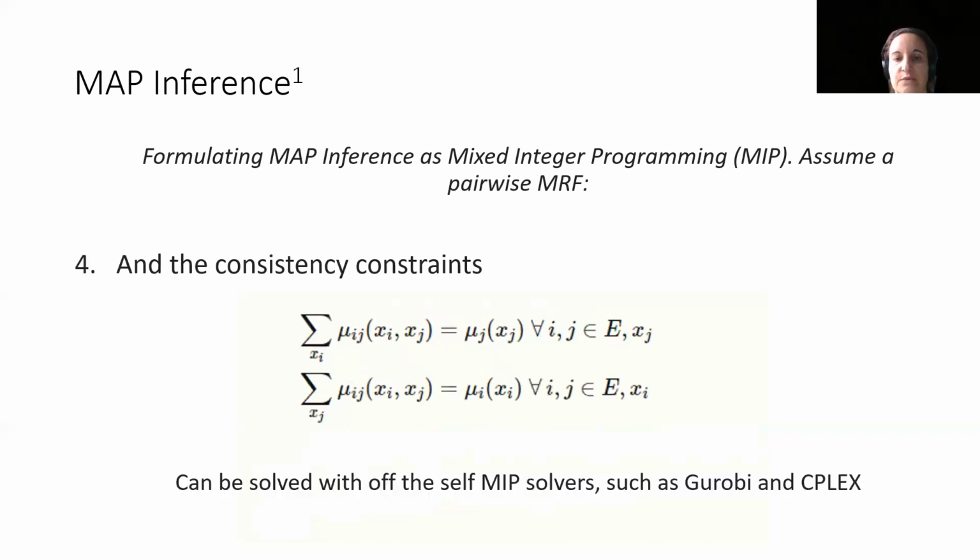And also for the edges, we have another constraint, which is that marginalizing the edge variables gives us the value of the variable that is not marginalized.